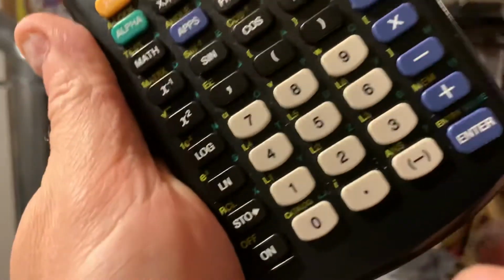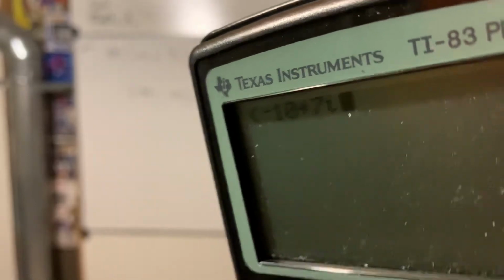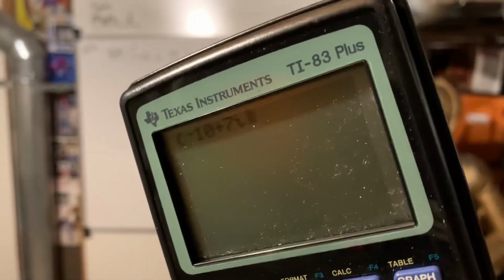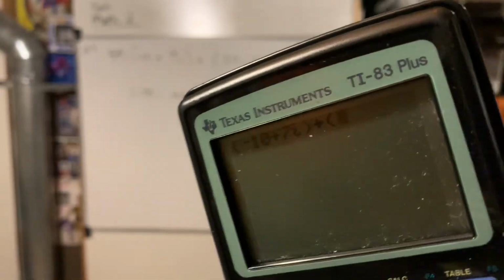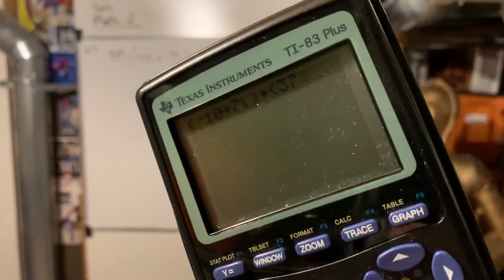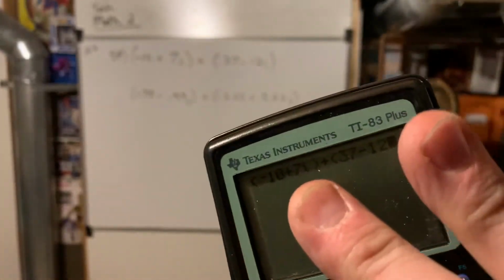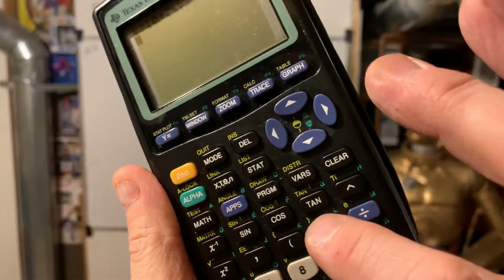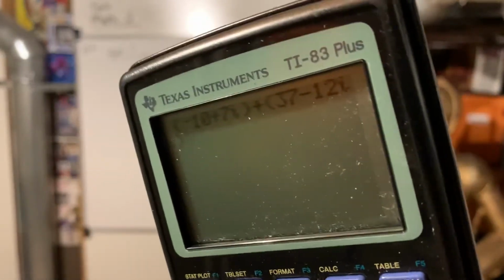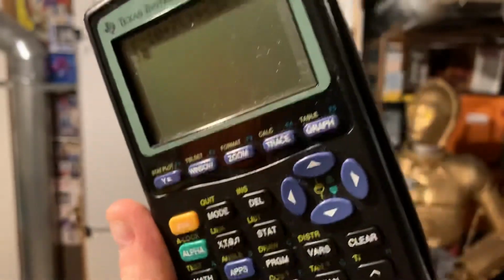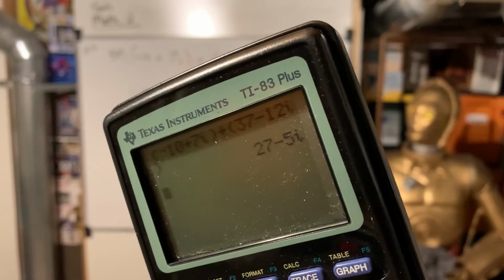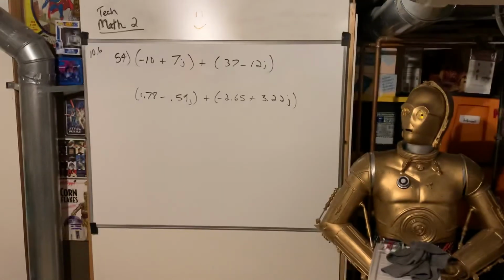So second, and then the decimal, and that pops the i. For our calculator, that is the imaginary instead of j. Like I said, math people do i, physics people do j. 37 minus 12i. Okay, so I typed exactly what you had there, and now we hit enter, and there it is, 27 minus 5i.